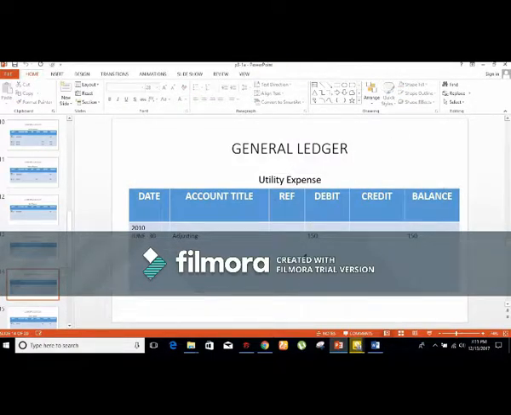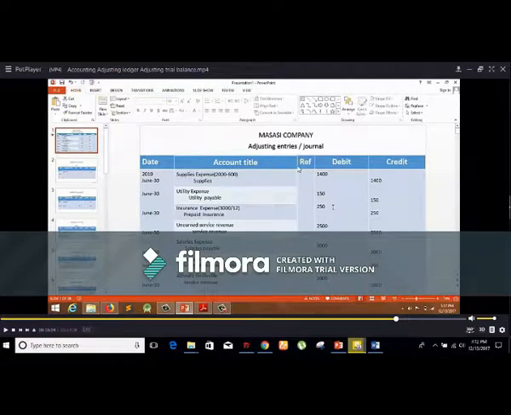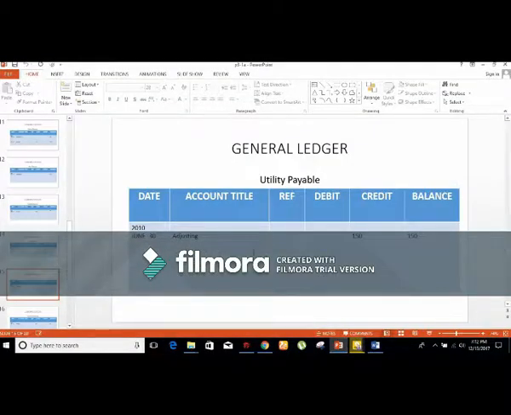Like this, we need to put in the ledgers from the adjusting journal, such as insurance expense, depreciation expense, salaries expense, and accounts receivable. So I hope you understand what I tried to explain.